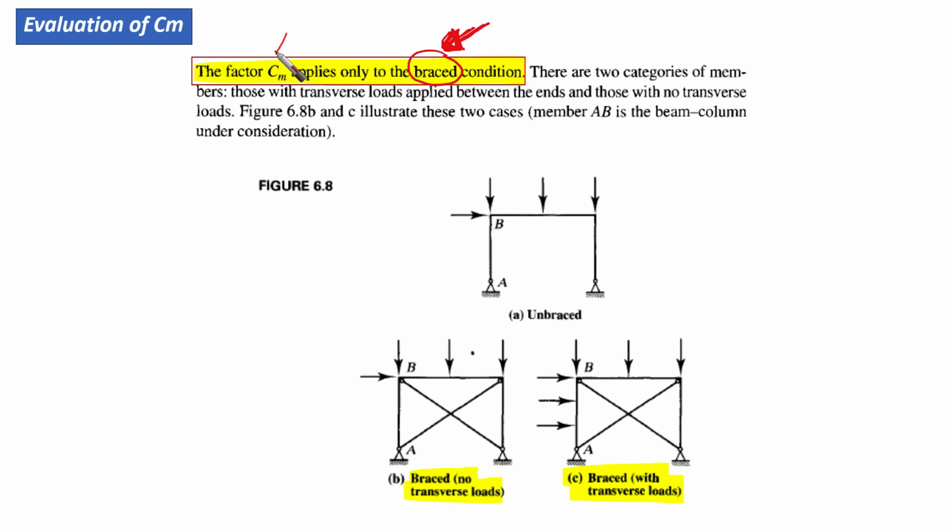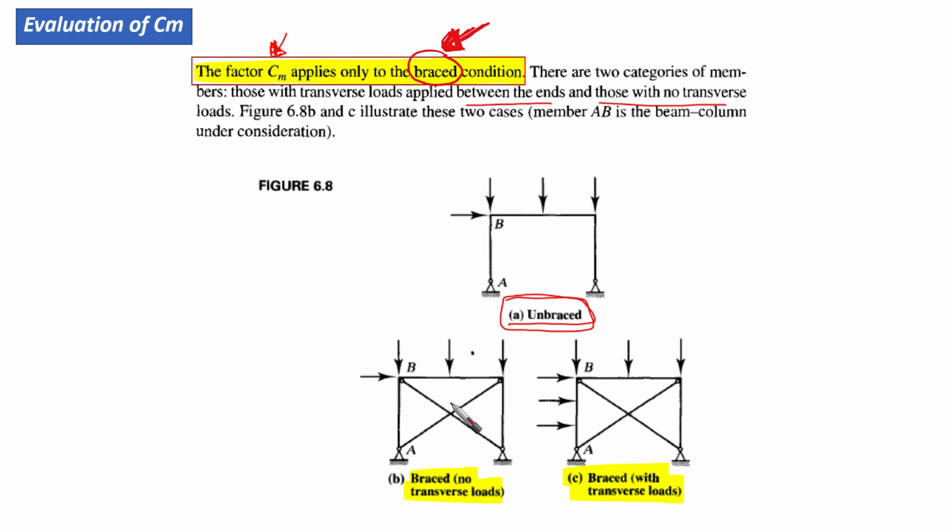There are 2 categories of members: those with transverse loads applied between the ends, and those with no transverse loads. So if we look here, we actually have 2 cases. We have, as we said, the unbraced condition where there is no bracing, and we have another case which is the braced condition.